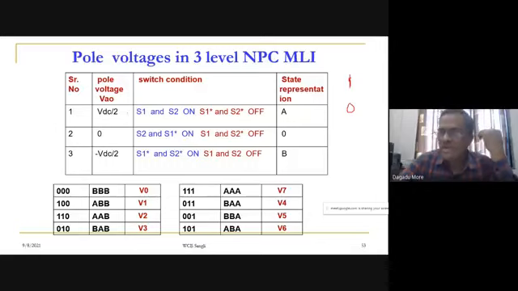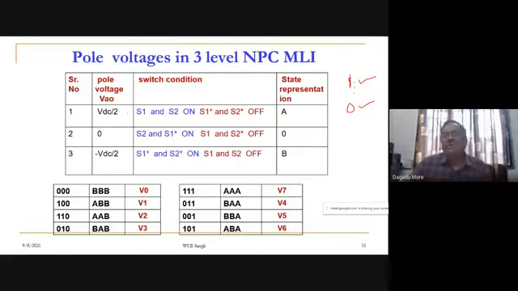When the upper device is on, we call it 1, and when the lower device is on, we call it 0. Either the upper or the lower device in a leg will be on. So in case of two-level, we represent the switching state with the help of 0 and 1.